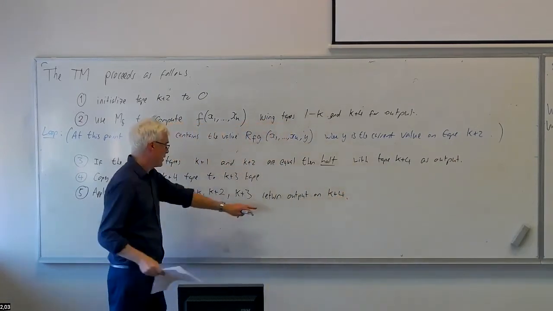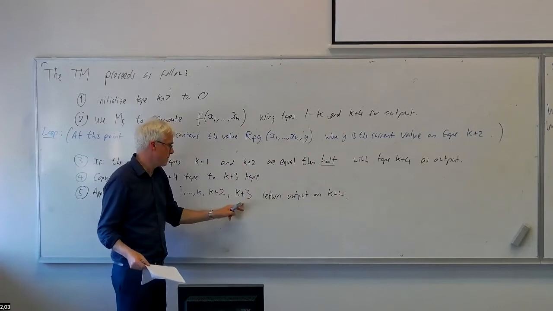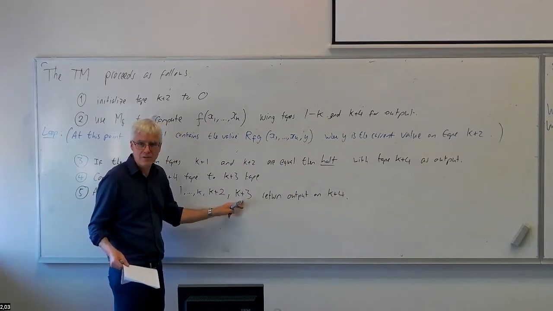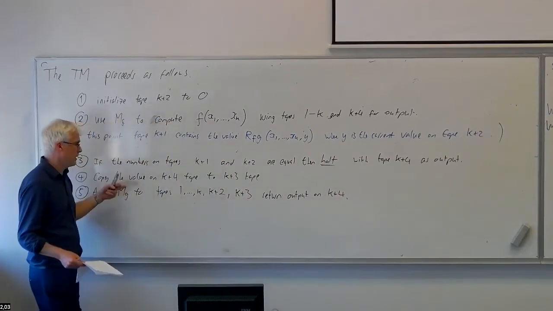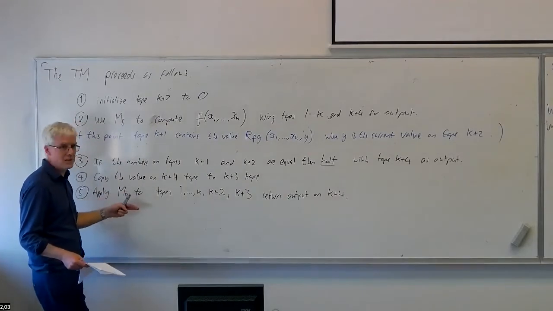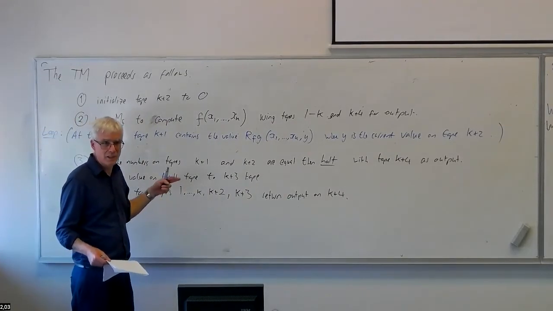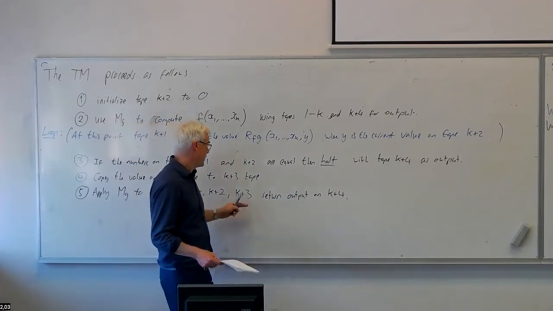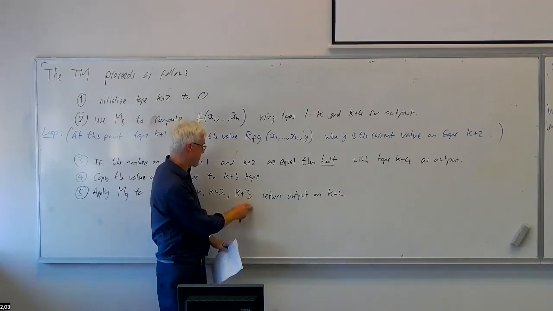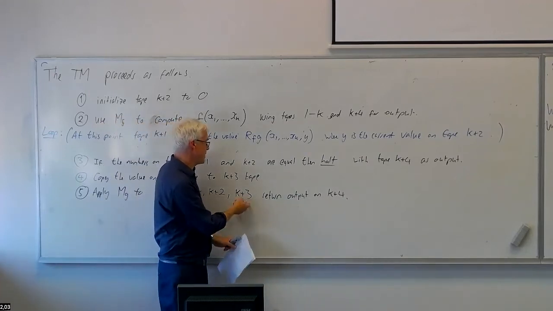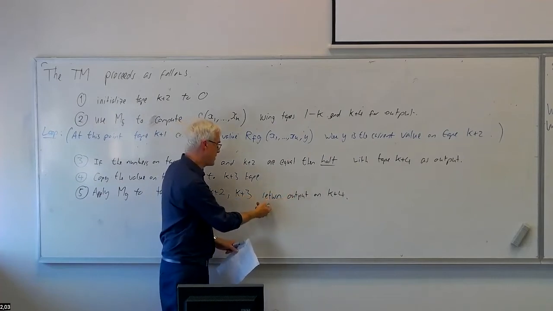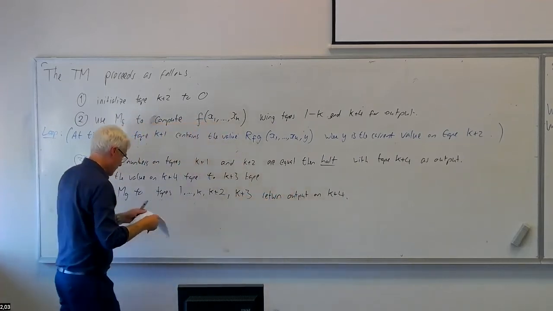The reason for copying the k plus 4 tape to the k plus 3 tape is because we don't know how the Turing machine for G is going to work. The way I define things, it needs its input on a different tape from its output.